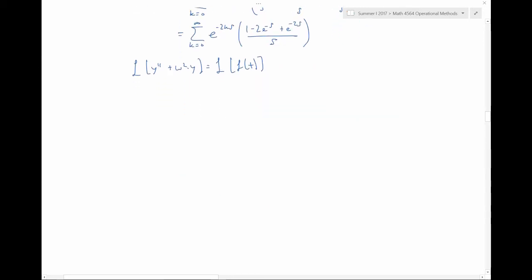And this translates into the equation that s squared times y of s minus s times the initial condition minus the initial velocity plus omega squared times y of s should be the same as 1 minus 2 e to the minus s plus e to the minus 2s over s multiplied by the sum of e to the minus 2ks when k goes from 0 to infinity.